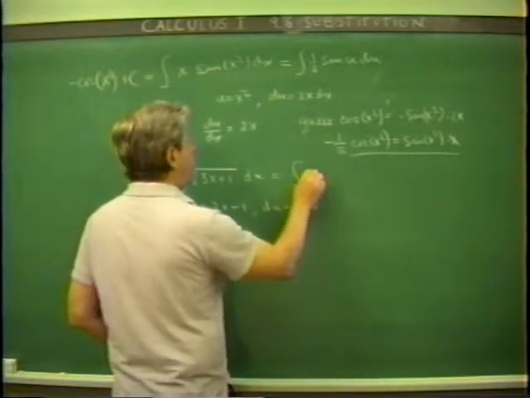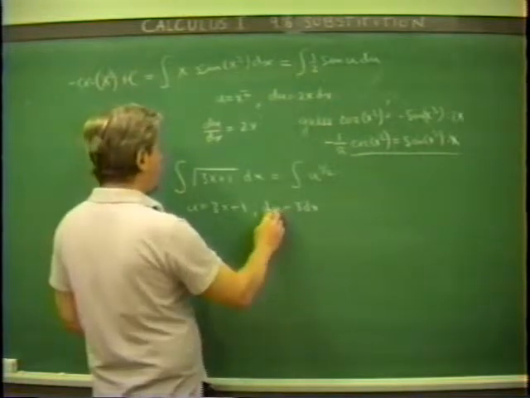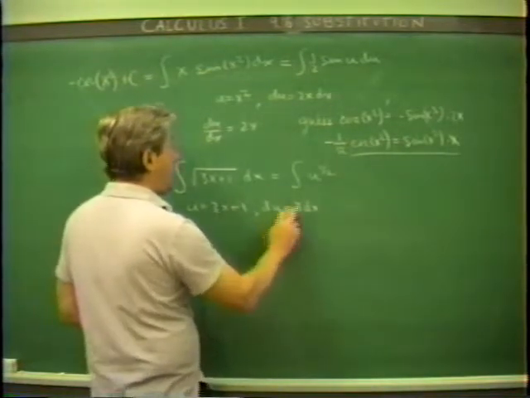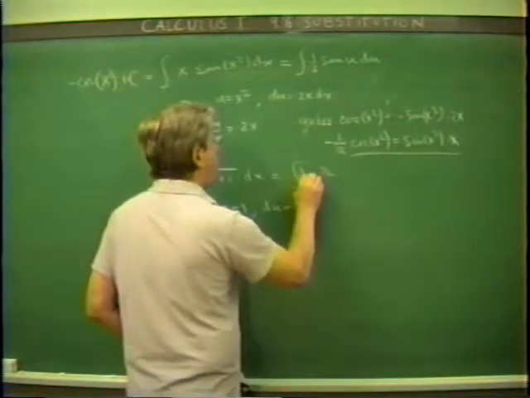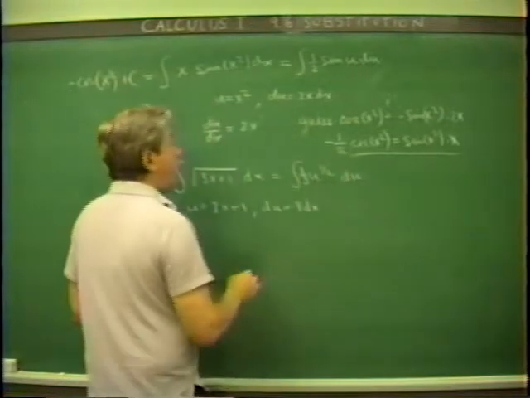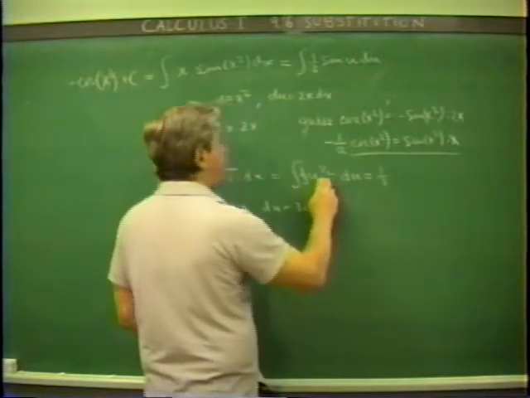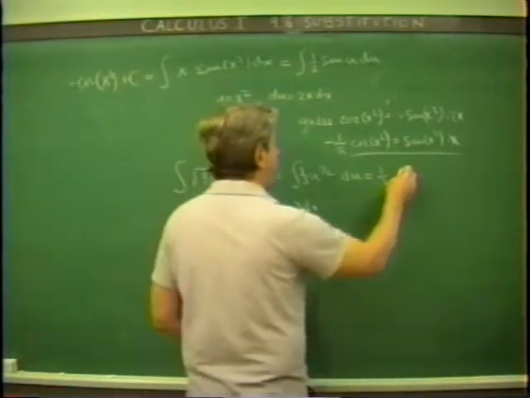So this then becomes the antiderivative of the square root of u. Here again we want to write this in exponential form. And dx is du over 3, so 1/3 u to the 1/2 du. The antiderivative of this is going to be 1/3.